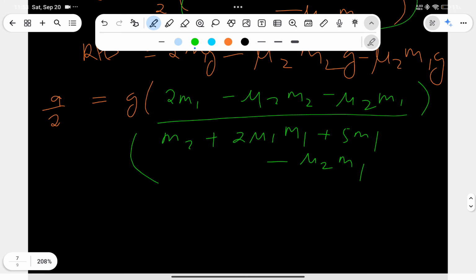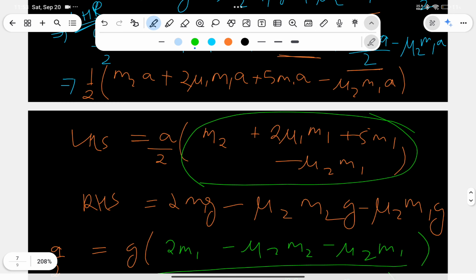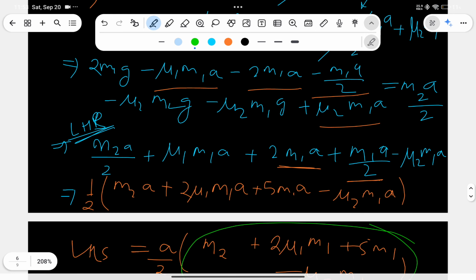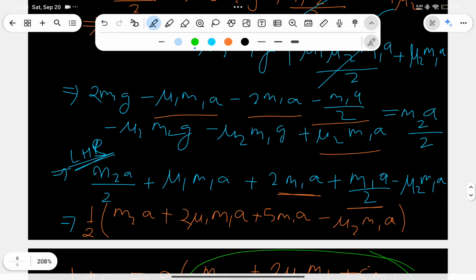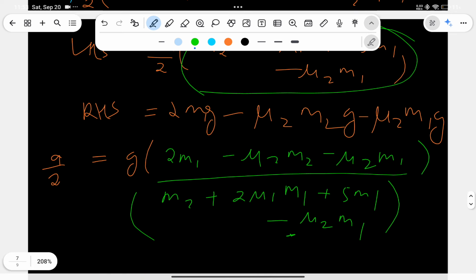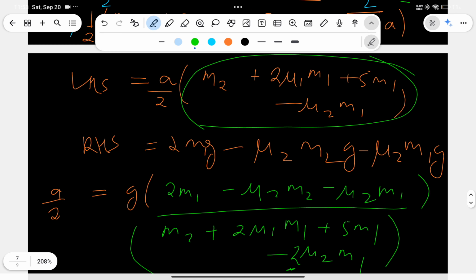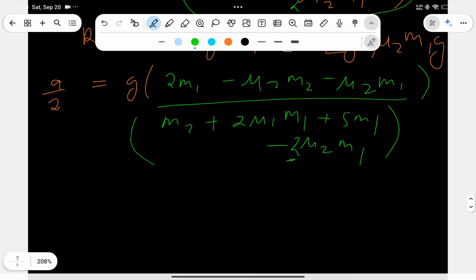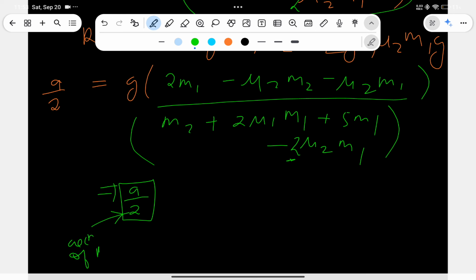I think there will be 2 here, so this is m2. LHS, I think, yes, it will be 2 will be multiplied, so 2 will be there, right? Alright, so basically finally we are getting the result. See why I'm trying to get this, because this is the acceleration of wedge, acceleration of mass m2, which is capital M only.